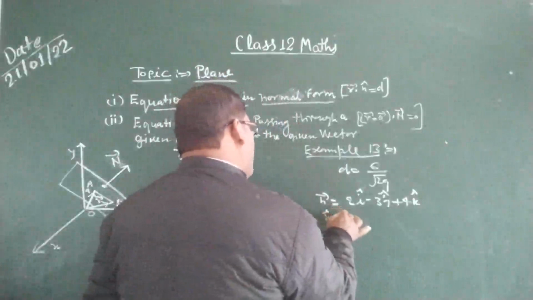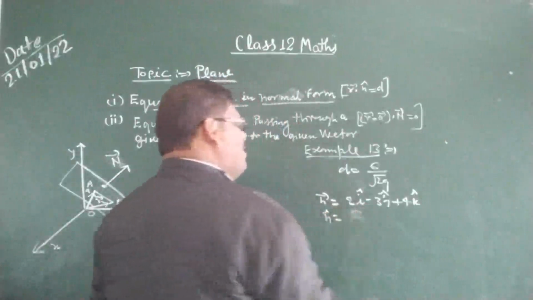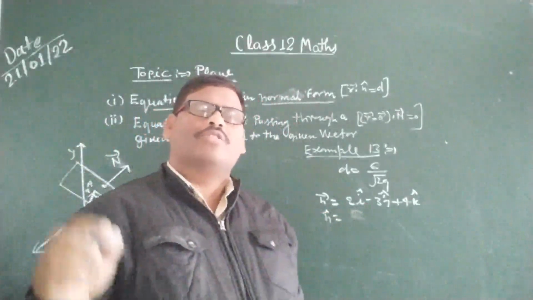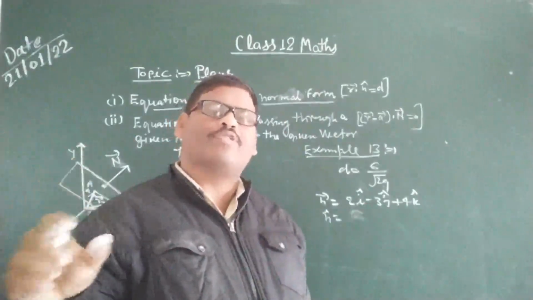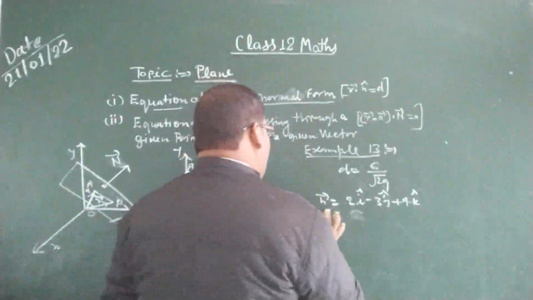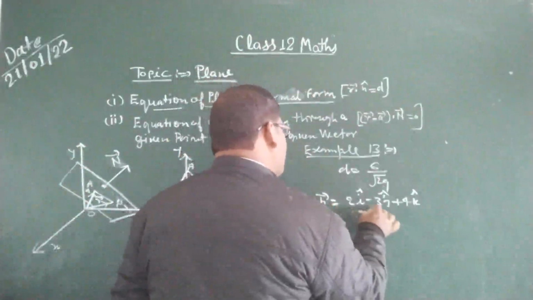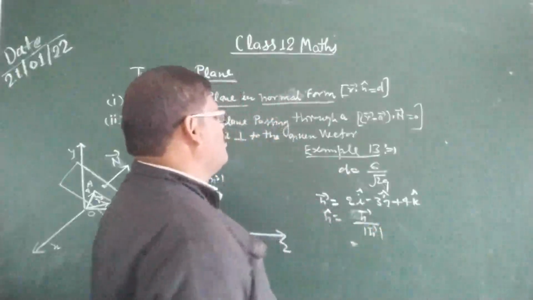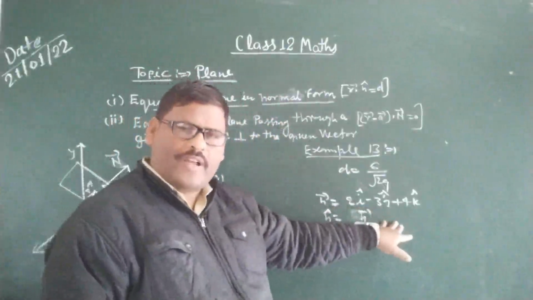Now first of all, we find the unit vector in the same direction, that will be n cap. As you know, the unit vector of any vector is obtained by dividing the vector by its magnitude, that is n cap is equal to vector n by mod of vector n. Now, what is vector n? This is vector n.